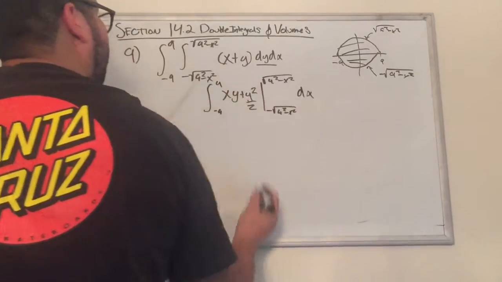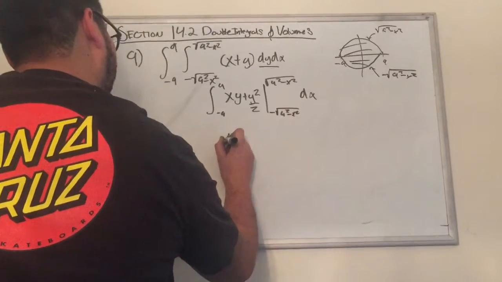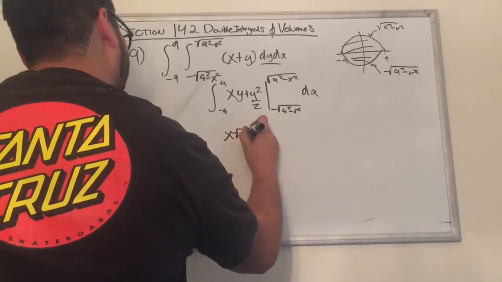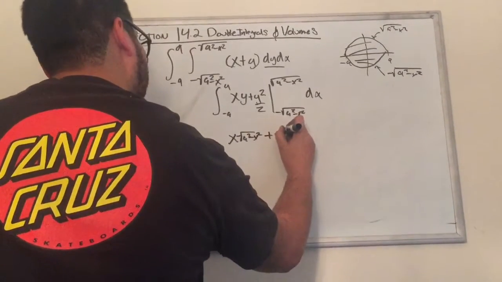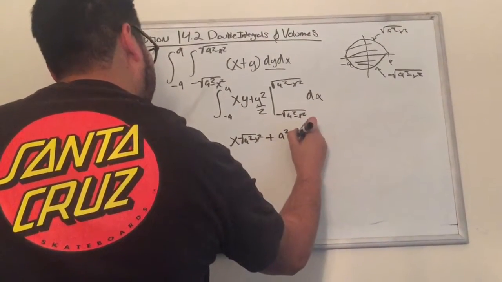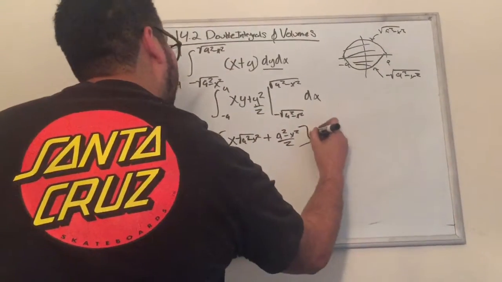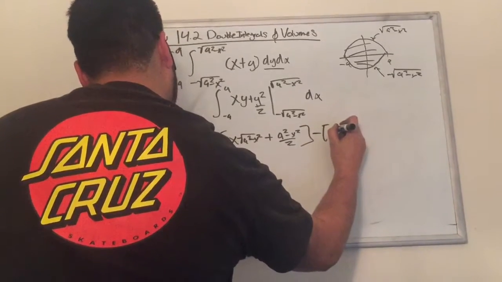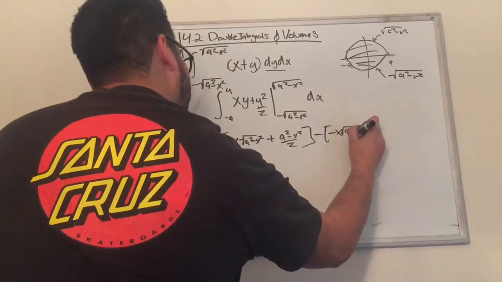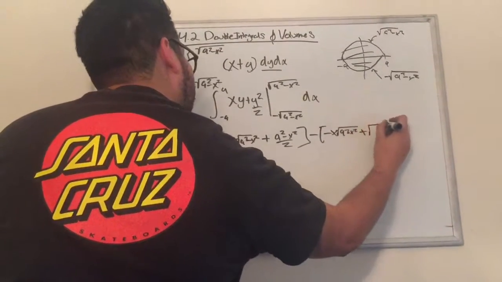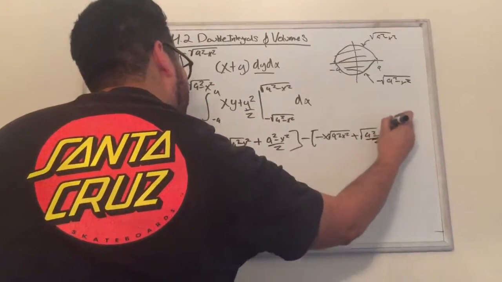From negative a to a. And then once you distribute these two in here, then I got x root a squared minus x squared plus a squared minus x squared over 2, minus x root a squared minus x squared plus a squared minus x squared over 2.